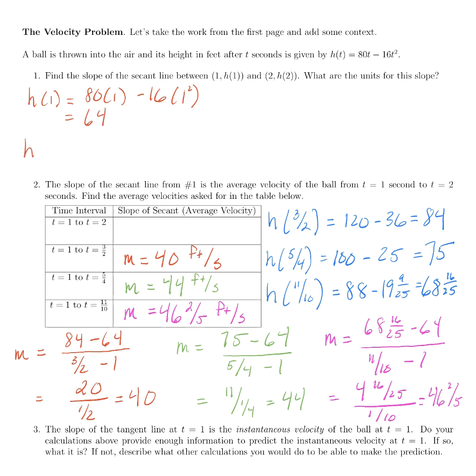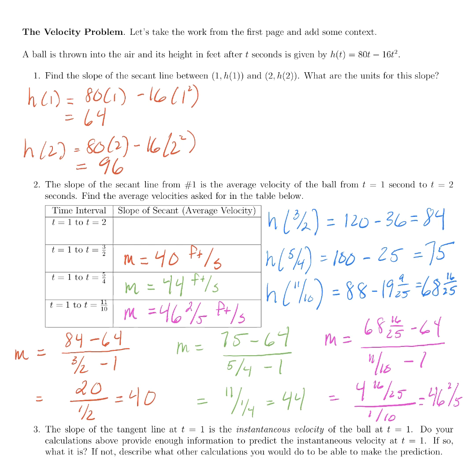We also need to know what h of 2 is. That's 80 times 2 minus 16 times 2 squared, which is 160 minus 16 times 4. 160 minus 64. So that is 96.